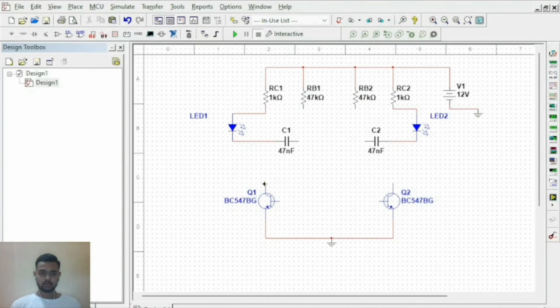Now connect the collector of Q1 with this terminal and collector of Q2 with this terminal. Now connect RB1 with capacitor 2 and RB2 with capacitor 1.